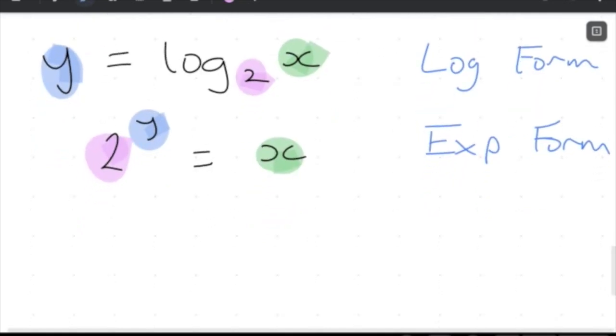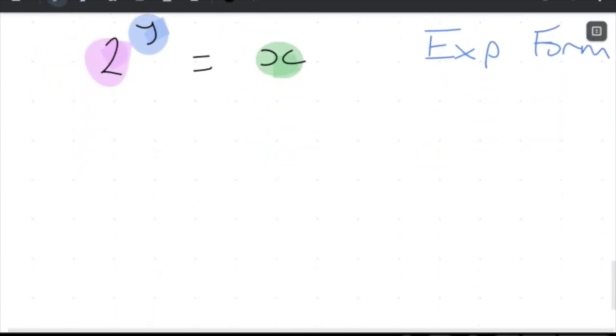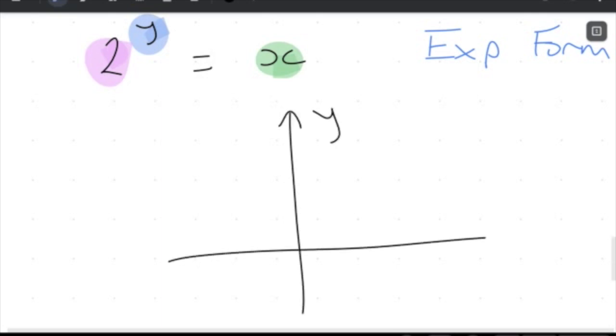Now let's actually look at what this thing resembles. It looks very similar to some of the other exponentials we dealt with in previous video series. This actually resembles a function that we talked about before, y equals 2 to the power of x.